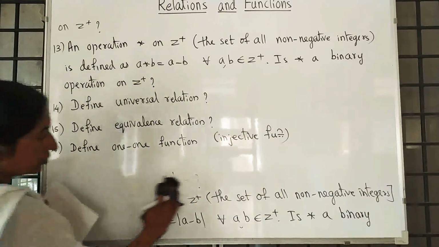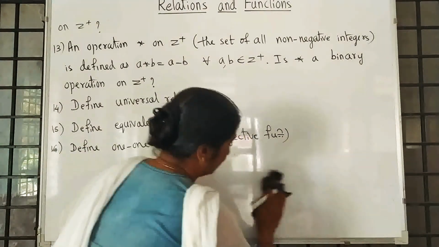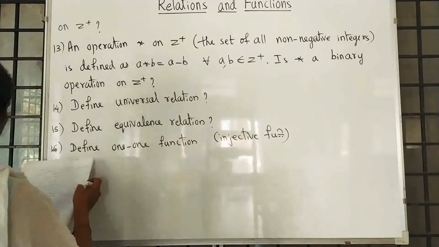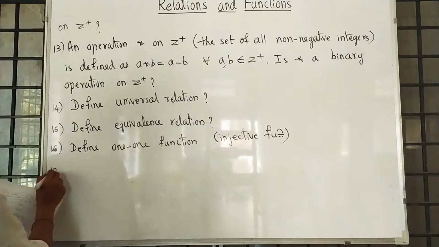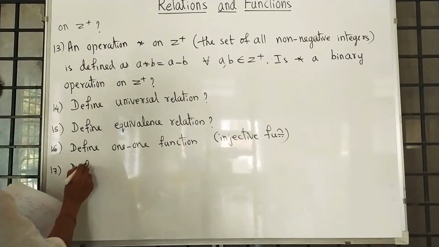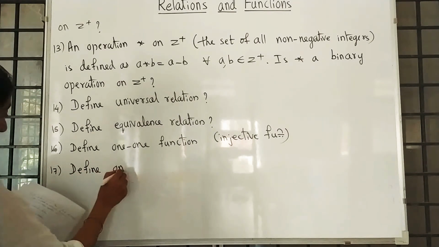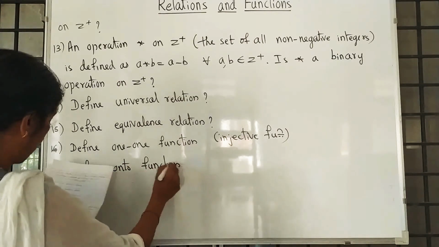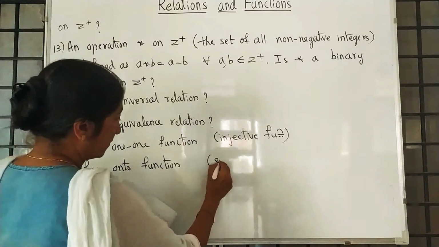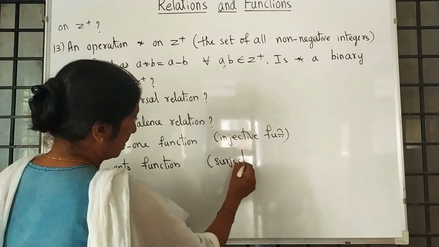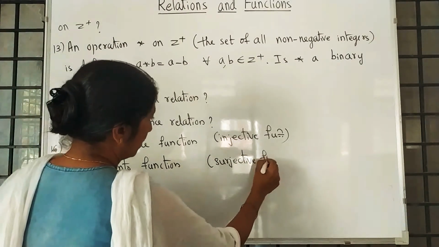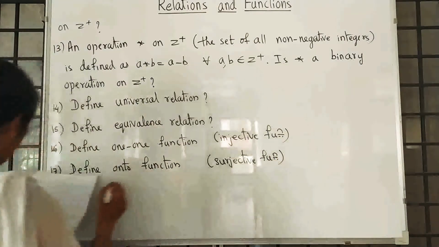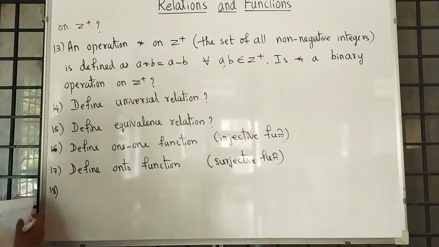Moving to the next question, question number 17. Define onto function. Onto is nothing but surjective function. Next, question number 18.